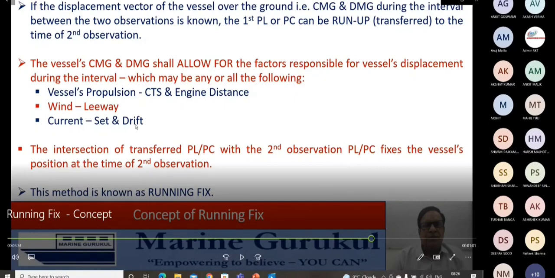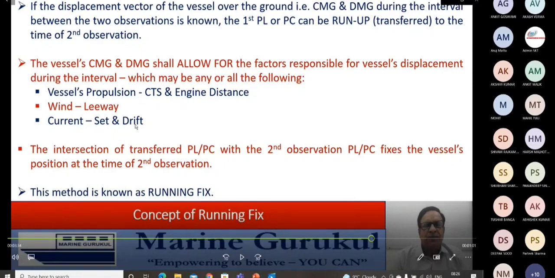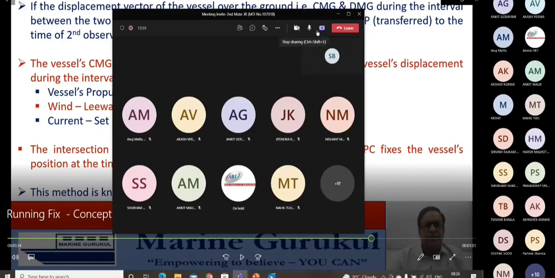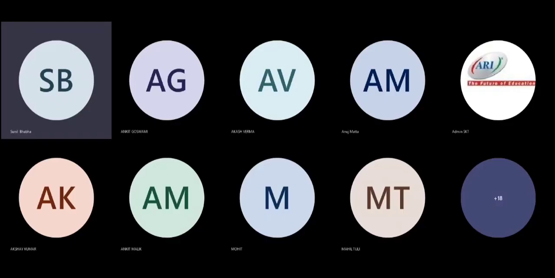So we apply this to one of the PLs and transfer it or run it up to the time of the second PL, and then it can be used to fix up the vessel's position. So that was the concept of running fix. Now we can move on to how do we use this running fix concept in case of a position line. So let me show you now. How do we apply running fix to a PL?